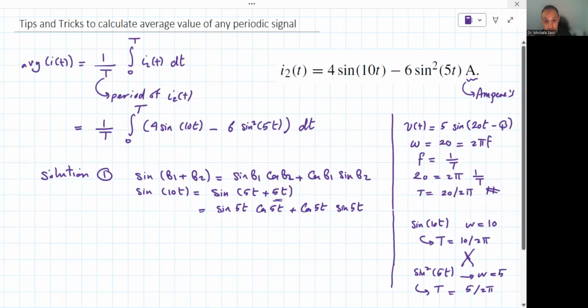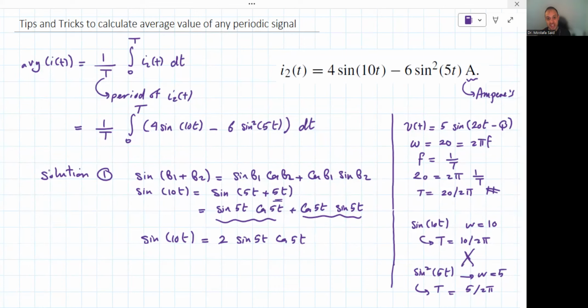Now they are equivalent. The first term is equal to the second term. So sine 10t equals 2 sine 5t cosine 5t. Let's now remove the sine 10t and put 2 sine 5t cosine 5t.